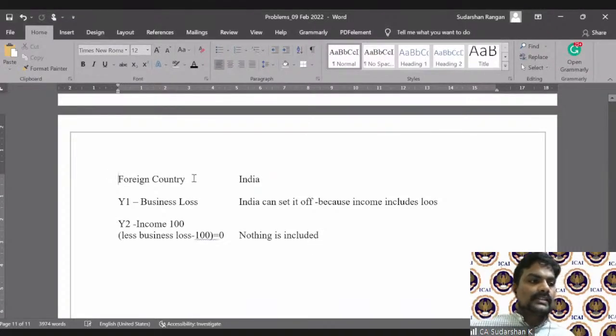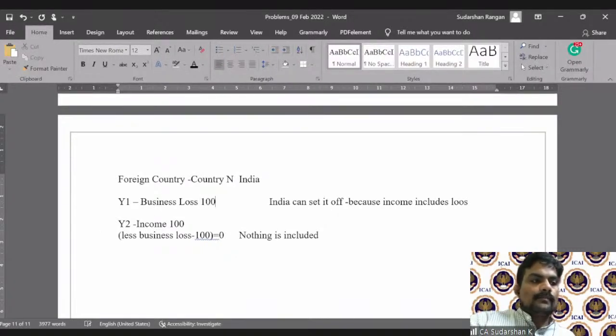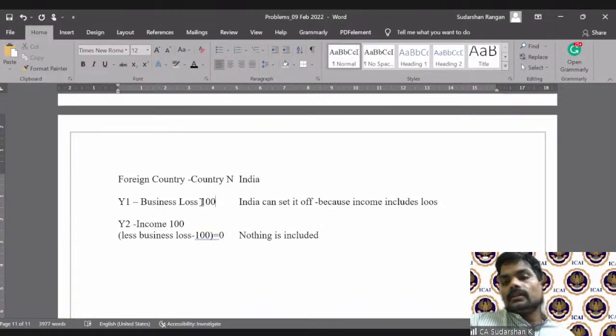This is the foreign country, say country N. In the concerned year, you have a business loss of 100. Country N does not allow set off with any other income. So this 100 could not be set off, nor could it be carried forward to future years to set off with other income, because there is no option to set off.